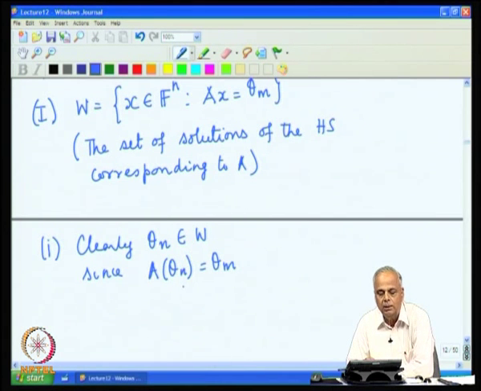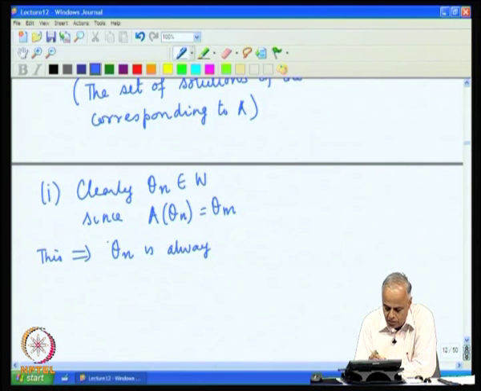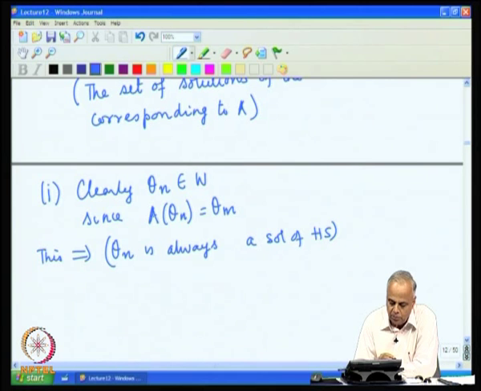If you multiply by the n by 1 0 vector, you get the m by 1 0 vector. This is because theta n is always a solution of the homogeneous system. Now, this implies that W is non-empty.